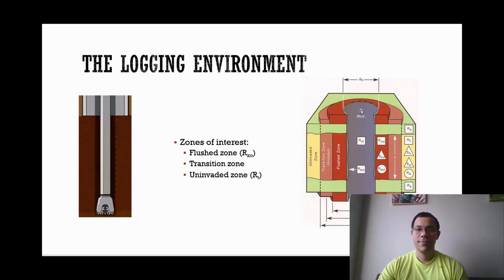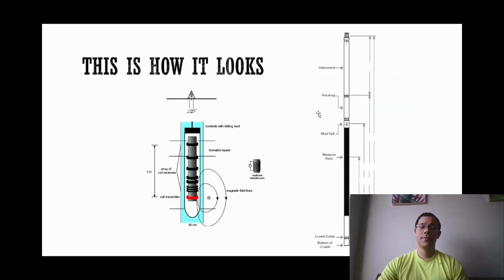So right, we have our hole, and we're going to put our logging tool in here. This is how a logging tool might look. The one on the right is a diagram of this one. I think it's a Halliburton tool. I deleted these distances on purpose.